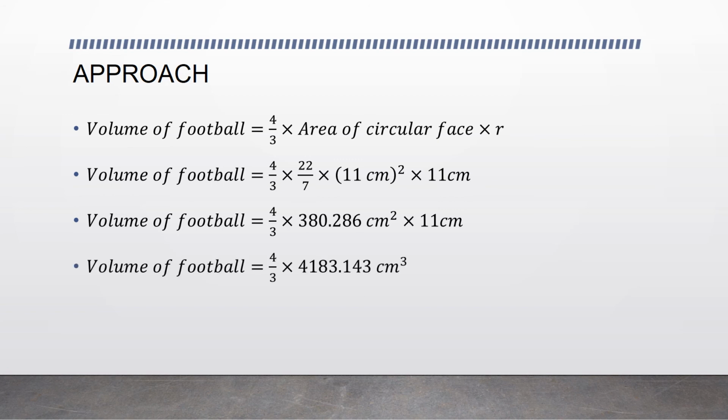Then I multiplied that 380.286 by 11 centimeters, and arrived at 4,183.143 cubic centimeters. But the volume of the ball is not found until we find 4/3 of that amount, which will give us 5,577.524 cubic centimeters.